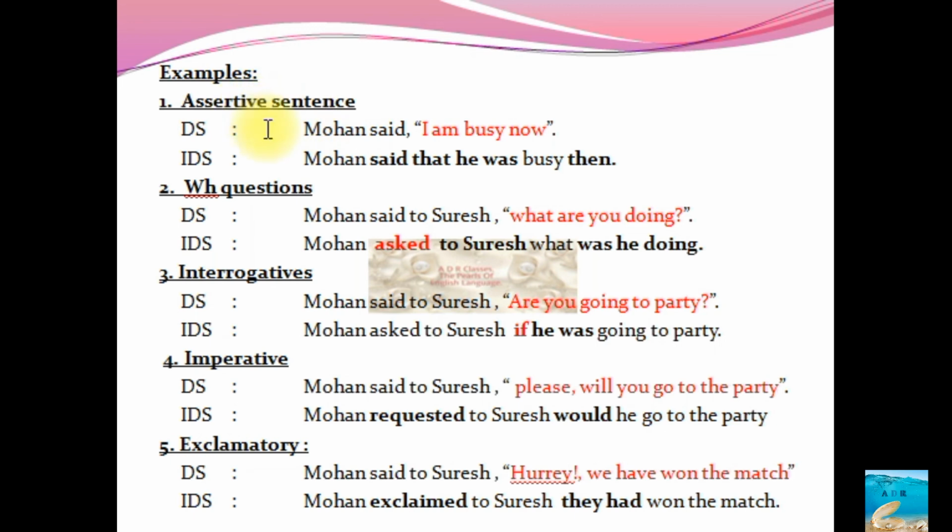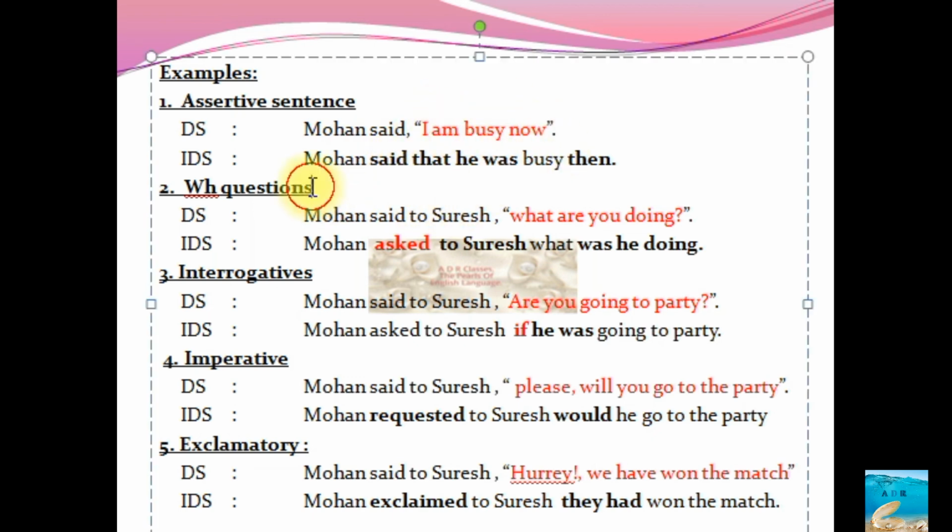Mohan said, "I am busy now." Mohan said that. Why have we used the word said? Because this is a simple assertive sentence. Instead of said, you can also write told: Mohan told or Mohan said. Why are we using the word that?